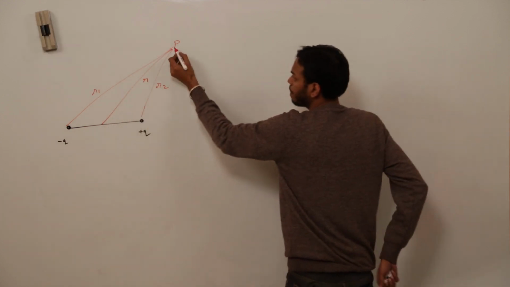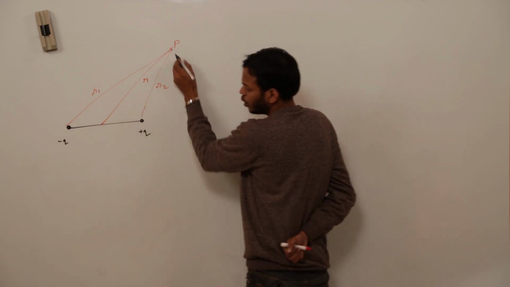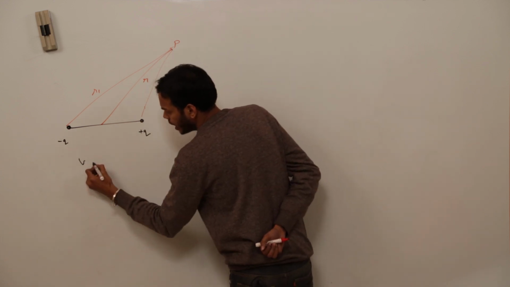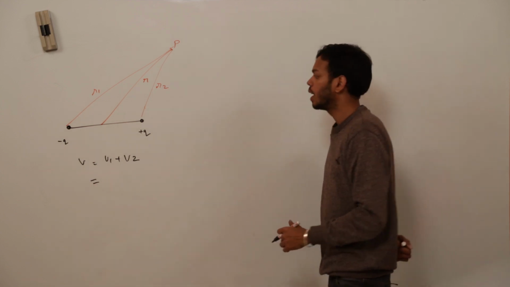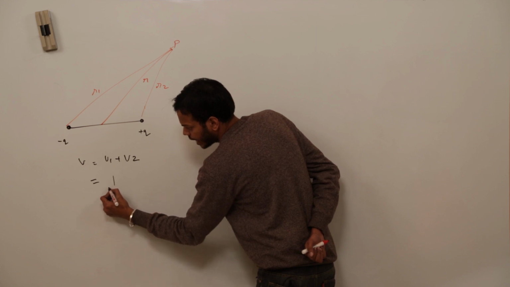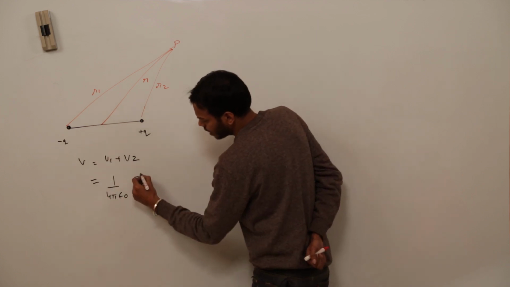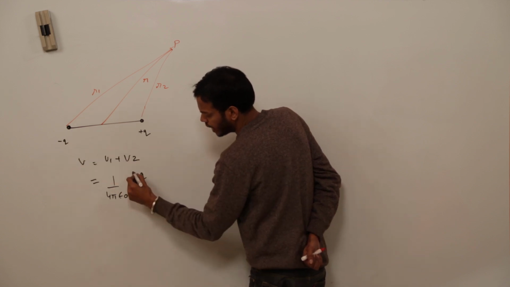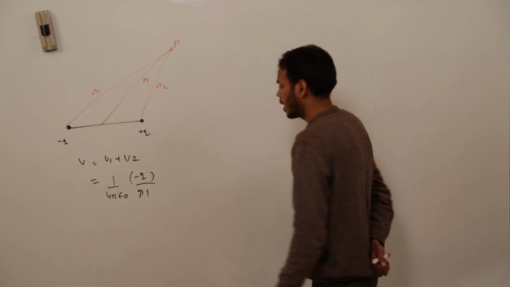We'll start with a very simple equation, that is, the electric potential at P due to these two charges would be V1 plus V2, which is what? What is the value of V1 for this? K, this is k, then q1 upon r1, right?